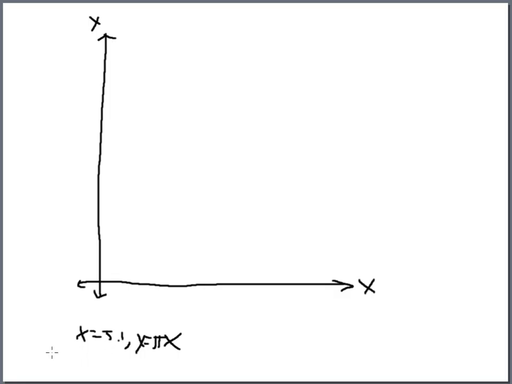So plugging it in, y is approximately equal to 3.14 times 5.1, and that's going to approximately be 15. So all we do is omit these decimals.